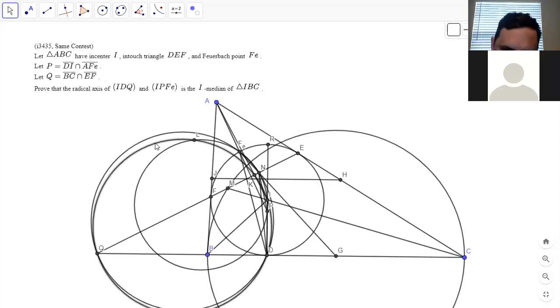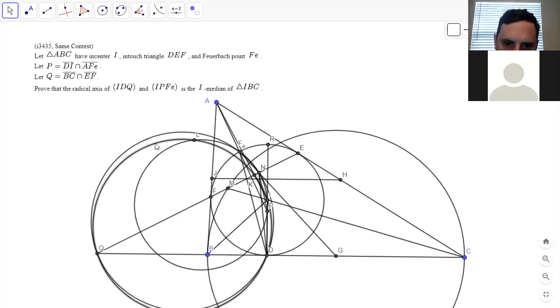So FKP, wait. Wait, how does this work? What does that circle? Okay, FKI is 90.